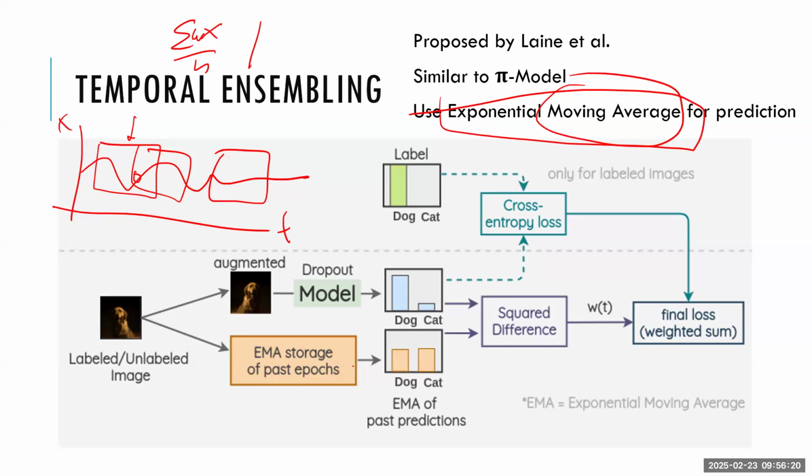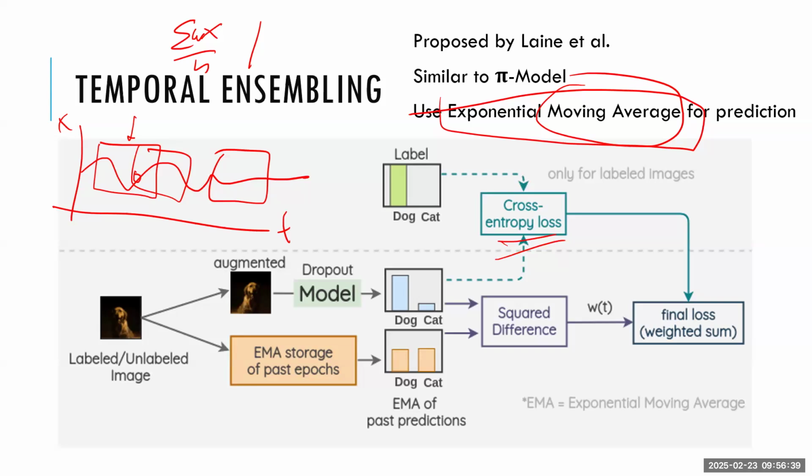And we can use this for the unlabeled data. For the labeled data, we do the same thing: we augment it and compare it with the label using cross entropy loss. So that is the same.